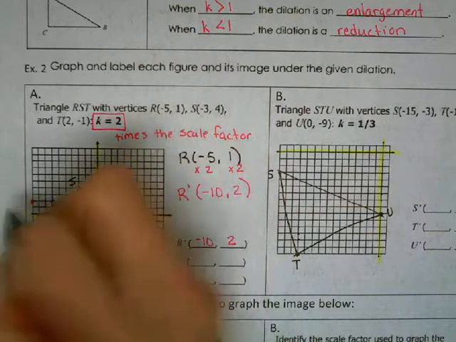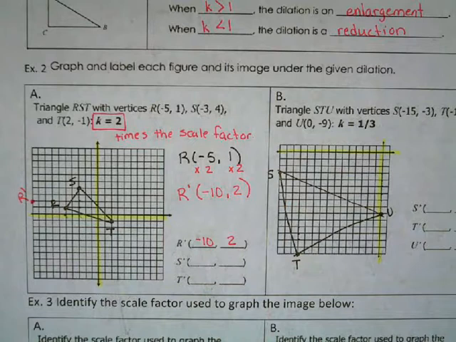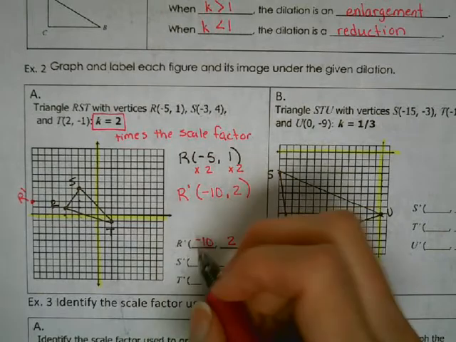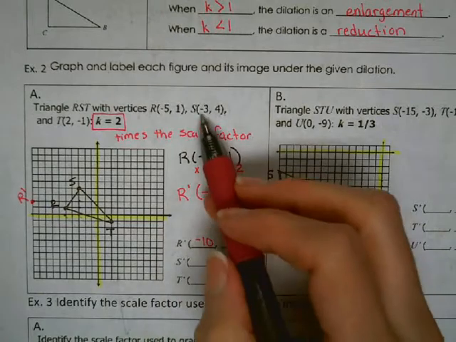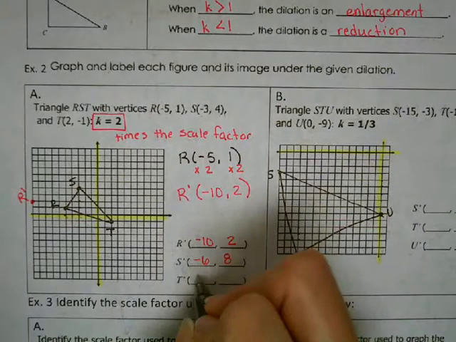Again, you can see, like I said at the beginning, pause the video, draw all the original pictures so that you have something to compare it to. Right? You take the S values times 2, you get -6 and 8. T values would be 4 and -2.